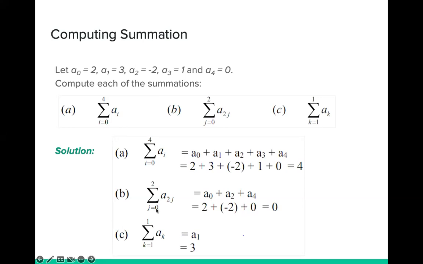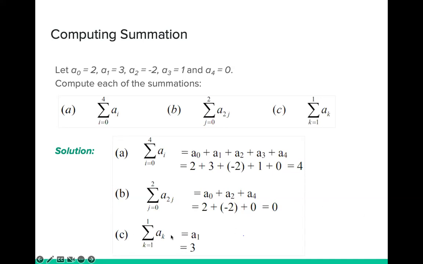If j is equal to 1, that will give us a sub 2 times 1, which is equivalent to a sub 2. If j is equal to 2, that would be a sub 2 times 2, which is equivalent to a sub 4. So a sub 0 is equal to 2, a sub 2 is equal to -2, and a sub 4 is equal to 0. So the value of the summation is equal to 0.